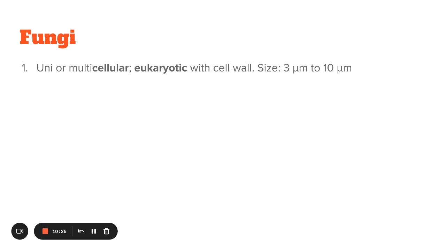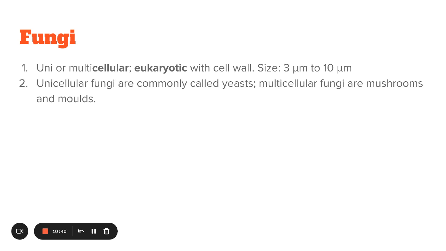Number three, my very best friend, F for fungi. Now, fungi is really interesting. Fungus. They can be either uni or multicellular, so either one cell or multiple cells, eukaryotic with a cell wall. And so the ones that are singular cell are often called yeast.